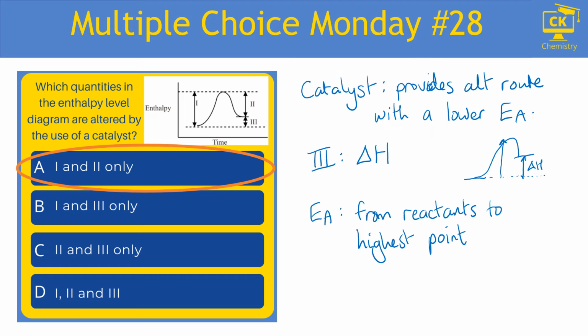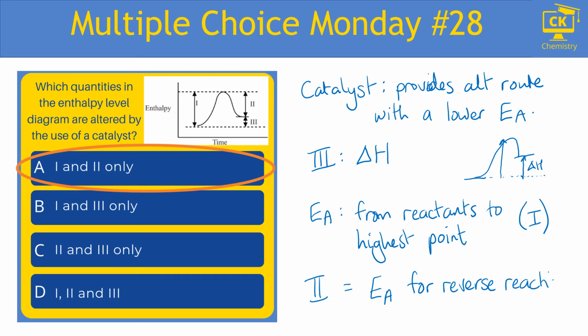So arrow number 1 is activation energy, and arrow number 2 is what we would do if we were doing a bond enthalpy calculation. It's the energy given out by new bonds that are made in the reaction. But the other way to look at it is that 2 equals the activation energy for the reverse reaction.